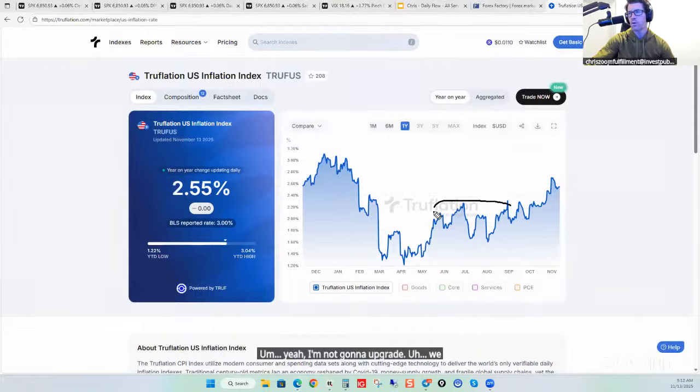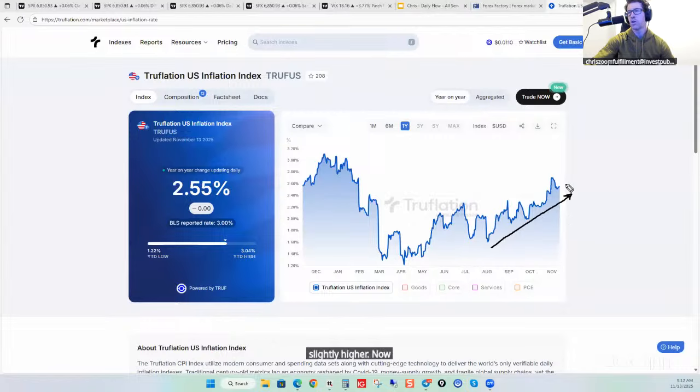We were stuck for a while in this window, and I was pretty confident inflation wouldn't do much, but as we started to tick higher in August, September, October, now November, we are clearly seeing that the trend is slightly higher.